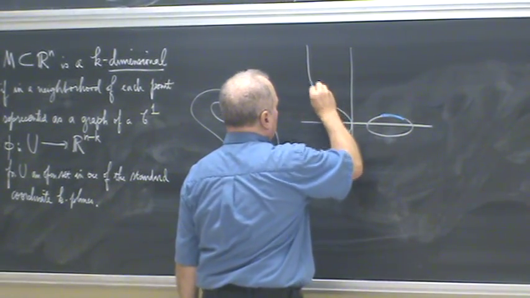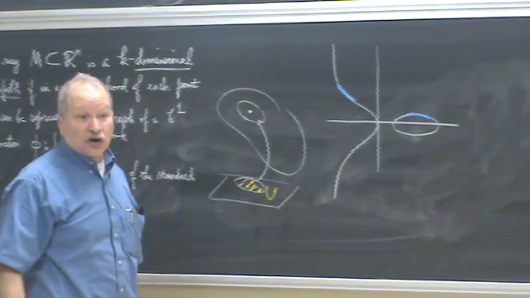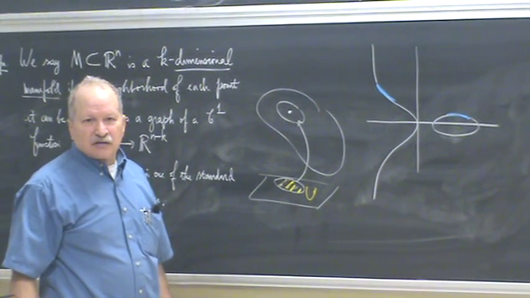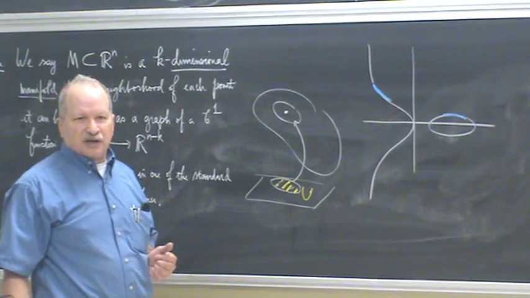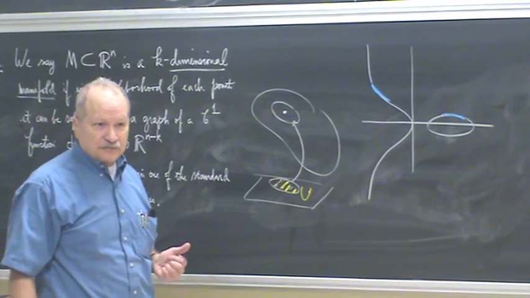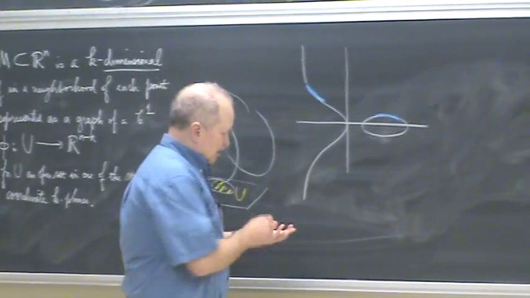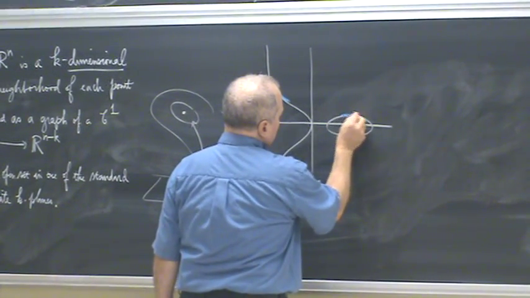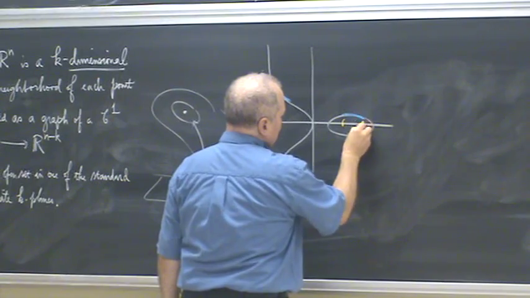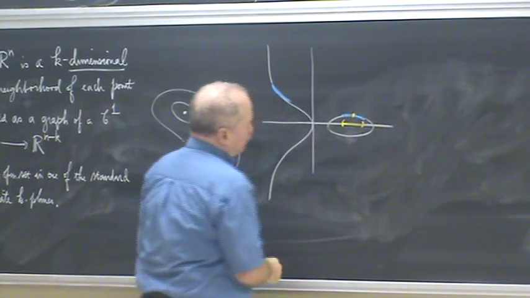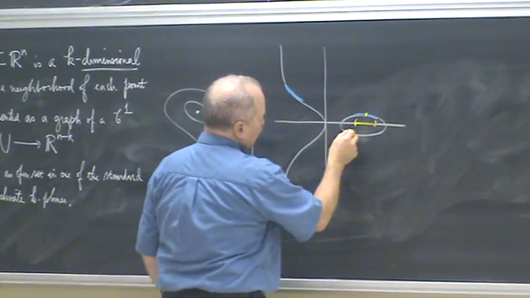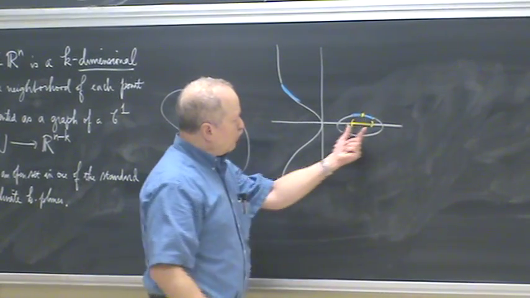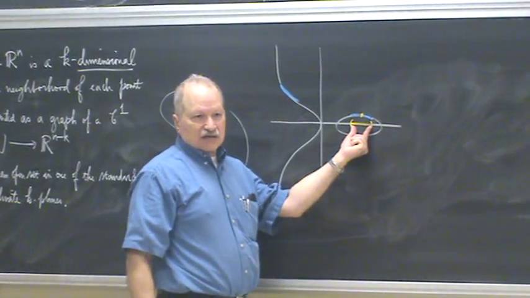Wherever you are, it feels like a curve, which has how many degrees of freedom? 1. So the way to think about that is that you should think about, at this point, I can find a neighborhood which is a graph over a little interval on the x-axis.